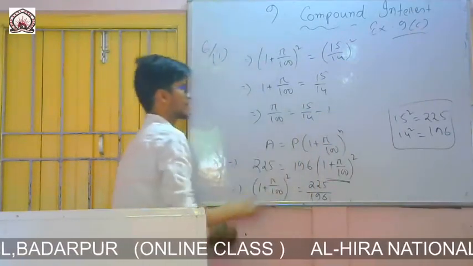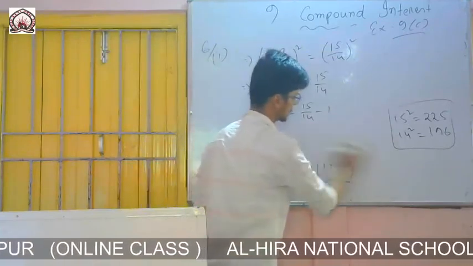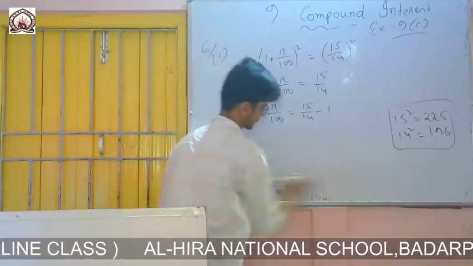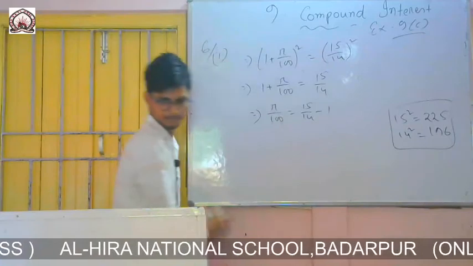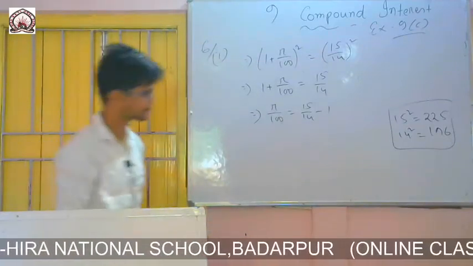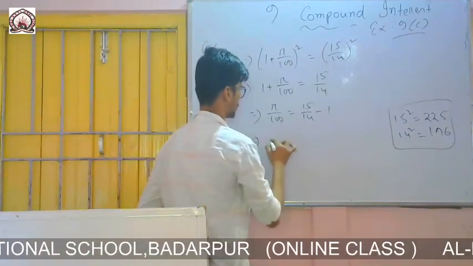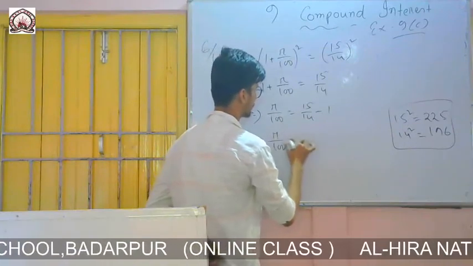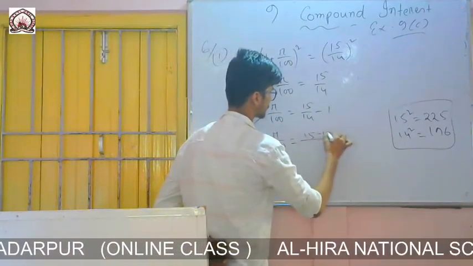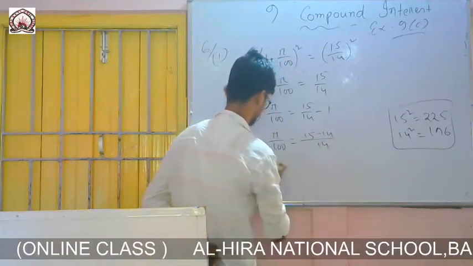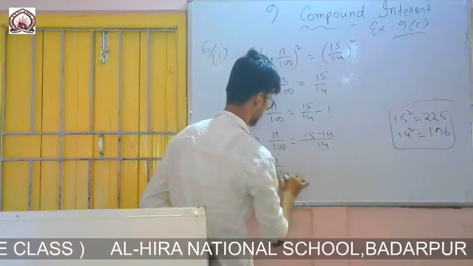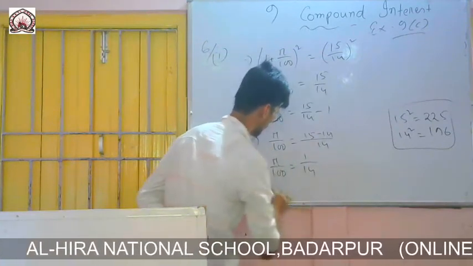It is plus 1; if I change the side, it will be minus 1. So R by 100 will be 15 minus 14 by 14. R by 100 equals 1 by 14.